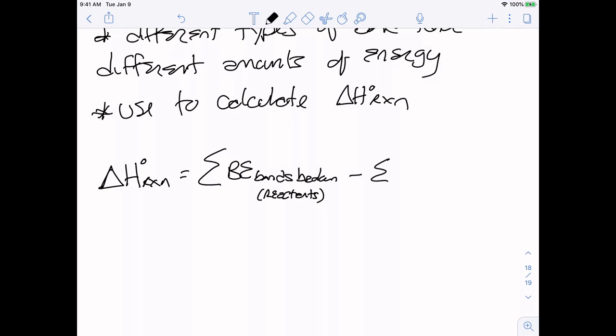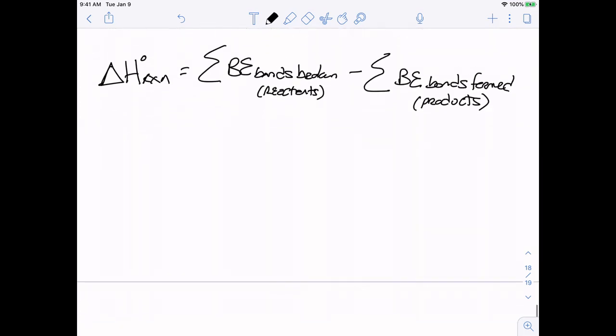So the sum of my bond dissociation energies for my bonds formed. And again, it's the products that you're forming bonds. I always think of it as broken versus formed. When I go through the problem, I do it that way. But again, on your table, it's saying reactants and products. If it works for you to remember it that way, then that's fine.